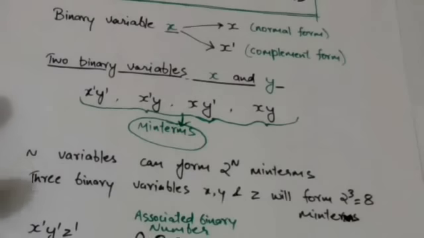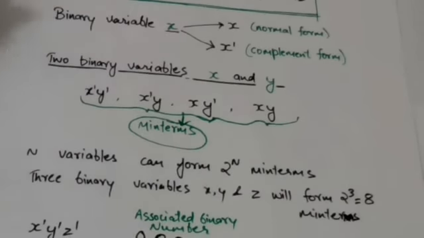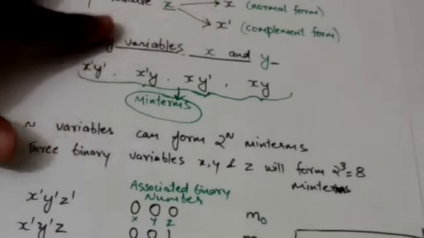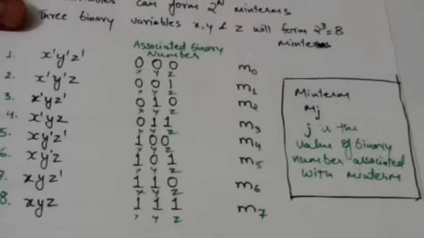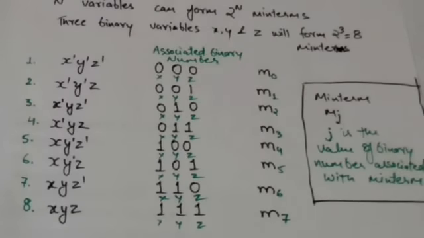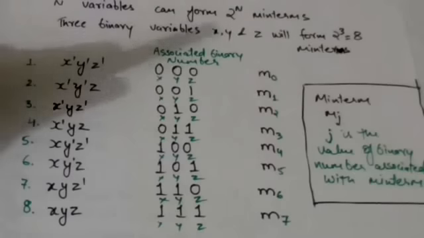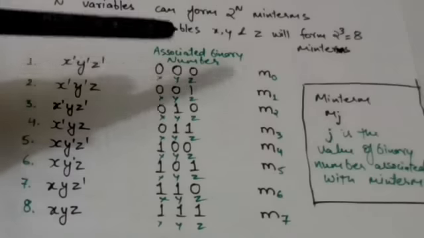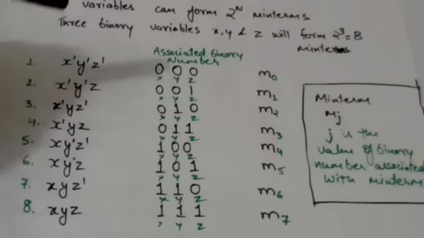3 binary variables x, y and z will form 2 raised to power 3, that is 8 different minterms. Here these minterms are written. Now see, we have associated a binary number with each minterm.